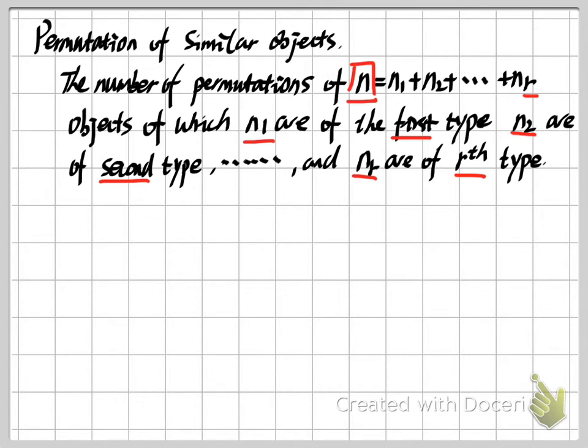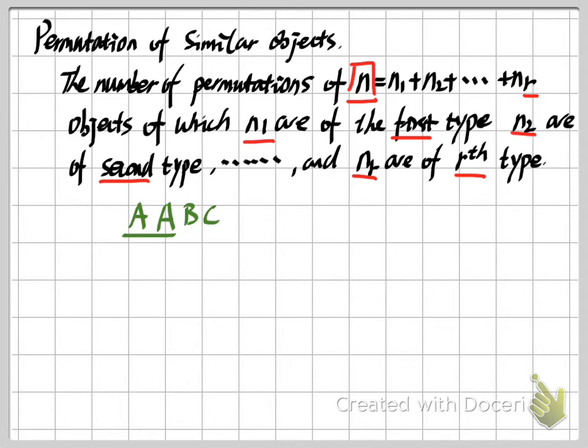Now if we think about this, for example, we have A, A, B, C. If we order this, we know the first two A's are the same type.